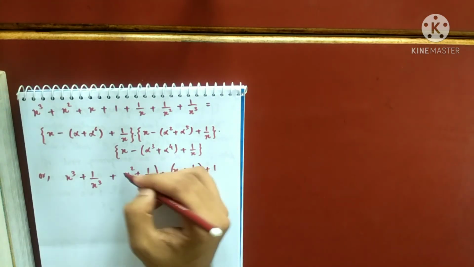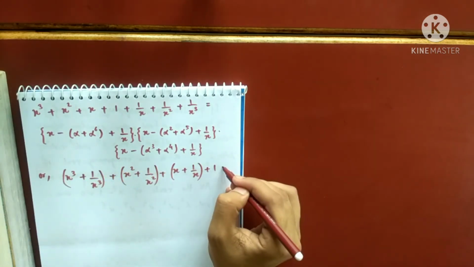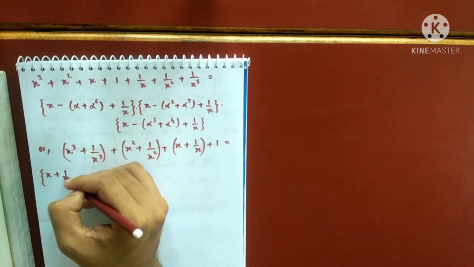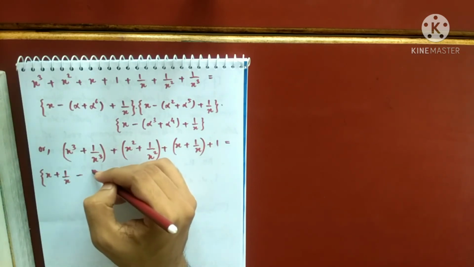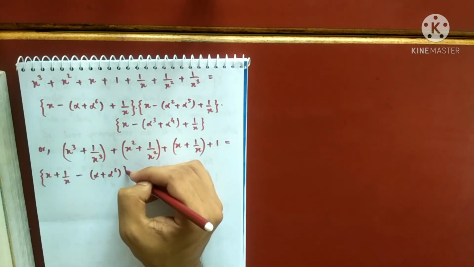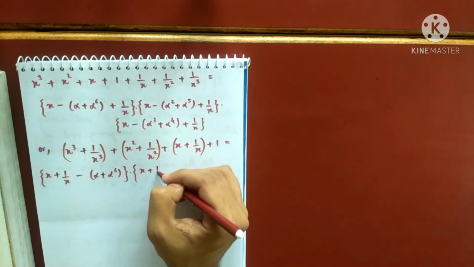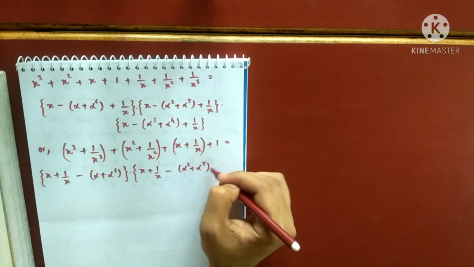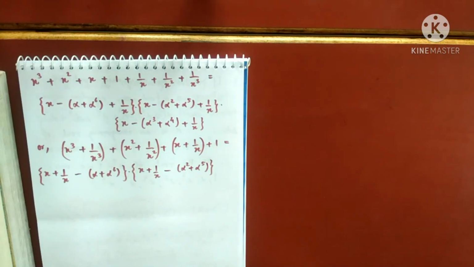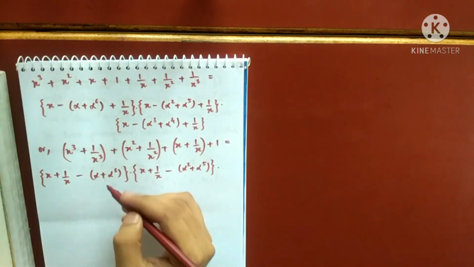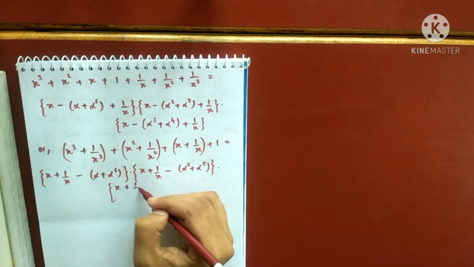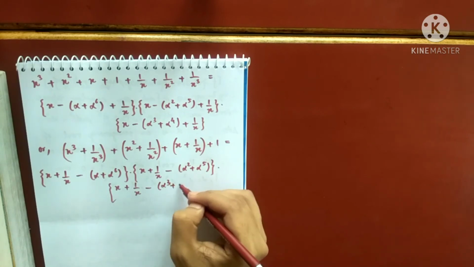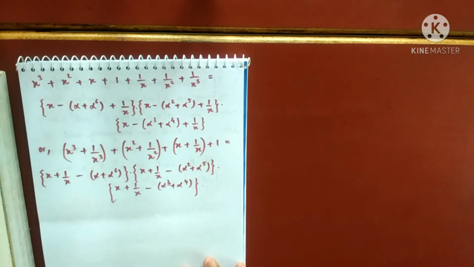So taking this together, this together, this together, and 1 equals, again writing these two together, x plus 1 by x together minus alpha plus alpha to the power 6, x plus 1 by x together minus alpha square plus alpha to the power 5, and into the last one, writing these two together, alpha cube plus alpha to the power 4.